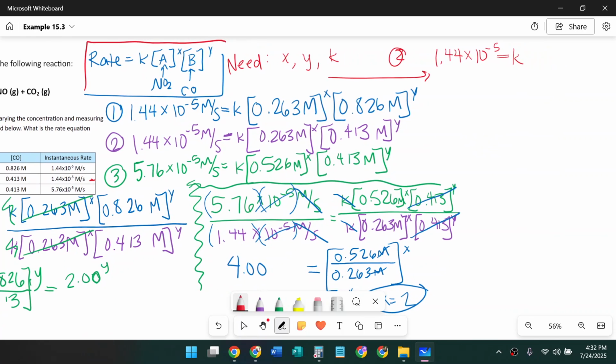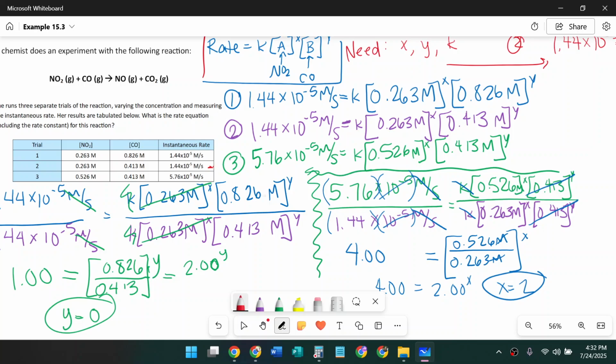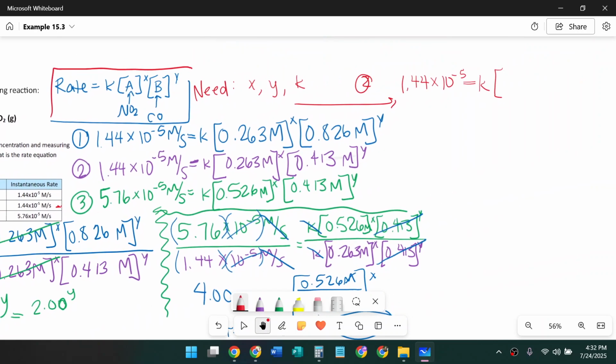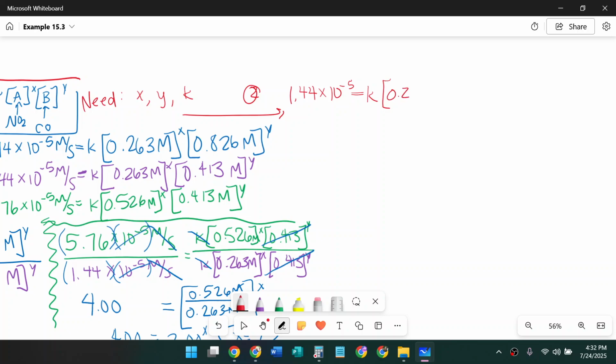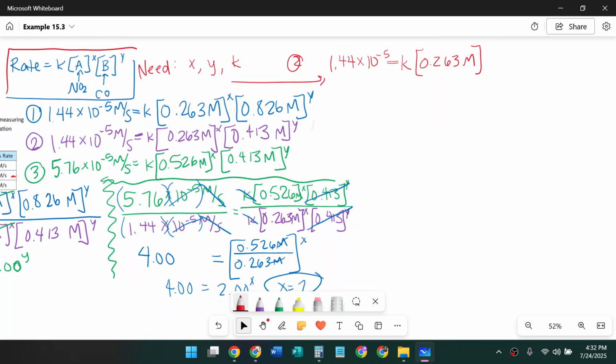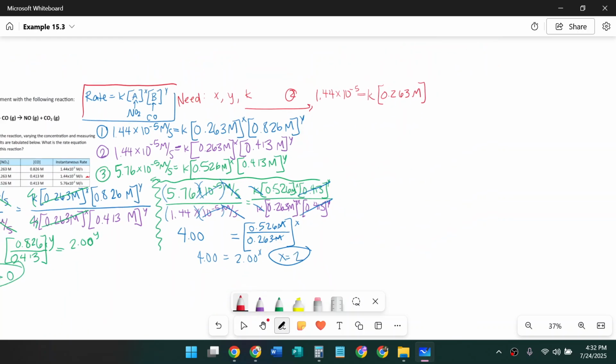And then we have 0.263 m, and that's our x. Let me squeeze this up while I write this. And then times the molarity of the other one, which is doing number 2, so 0.413 m, and that one is raised to the 0 power because that's what our y was.